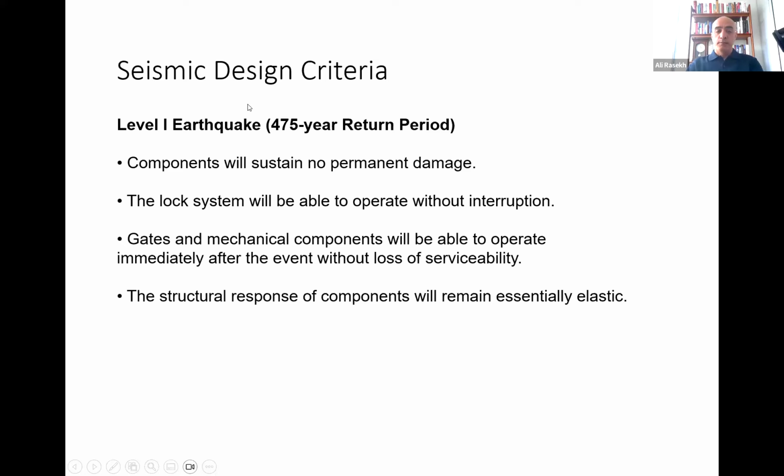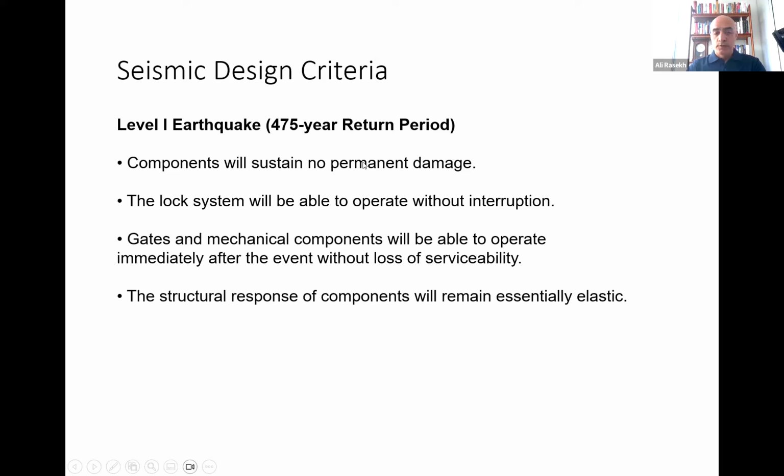And there is a seismic design criteria. Something specific to this project was that it had two levels of design criteria. One for more frequent earthquakes, happening on average once every 500 years, and another one for stronger earthquakes that happen once every 1,000 years.